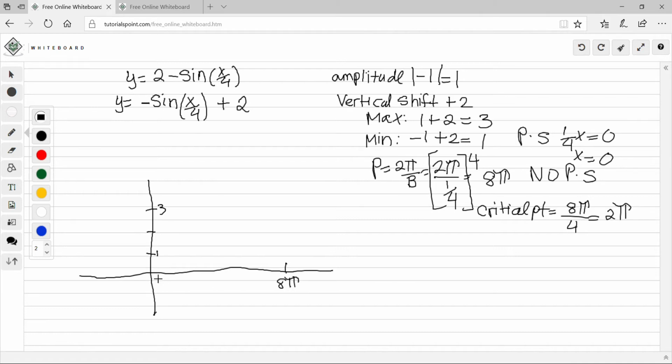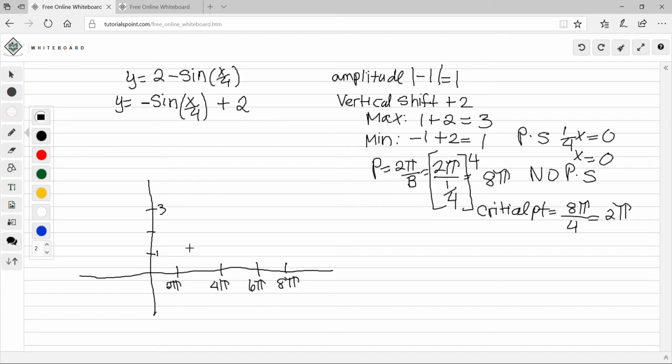So we need 3 more points, 1, 2, 3. So we got to start at 2 pi, because we don't have a phase shift, so this will be 2 pi. And then you add another 2 pi, which is 4 pi. You add another 2 pi, which is 6 pi, and then until you get up to 8 pi.